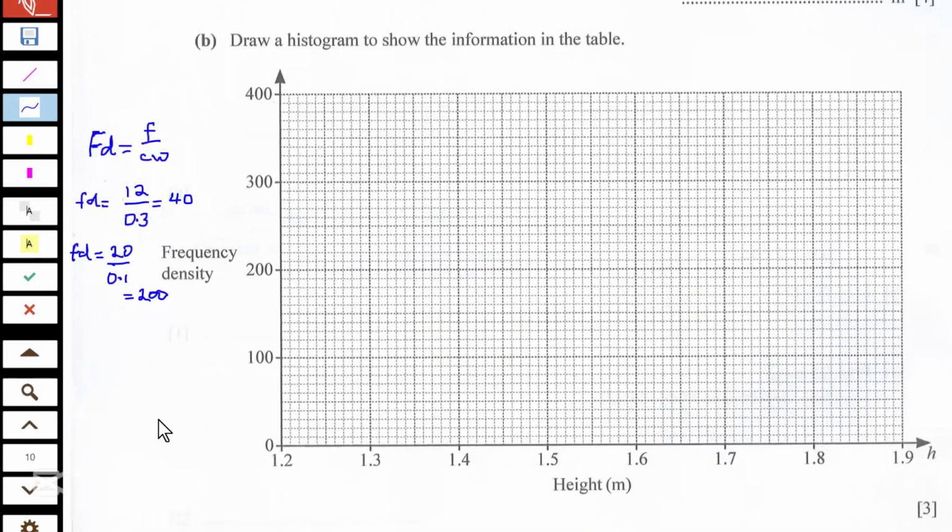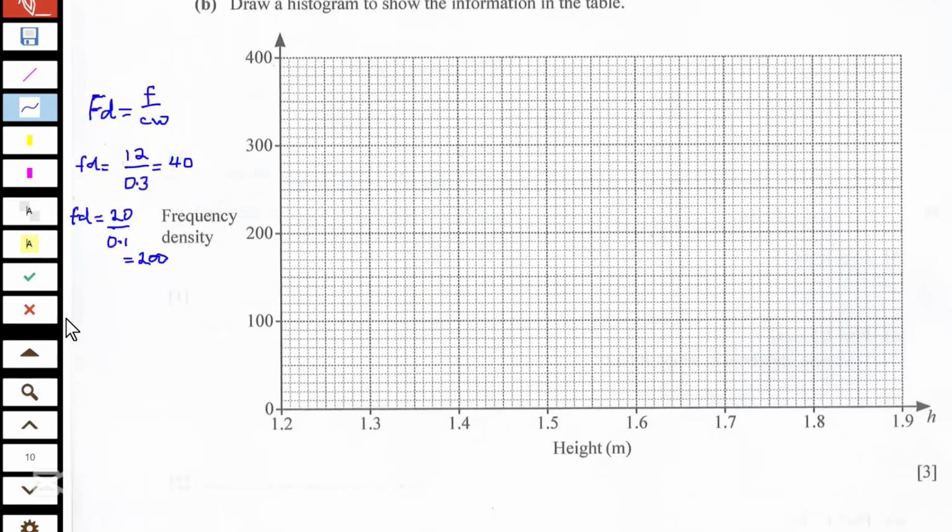Now, for the next class interval, FD is going to be equal to 34 over 0.1. That is 340.